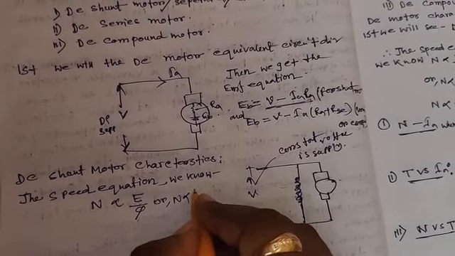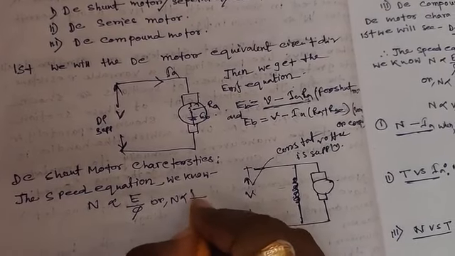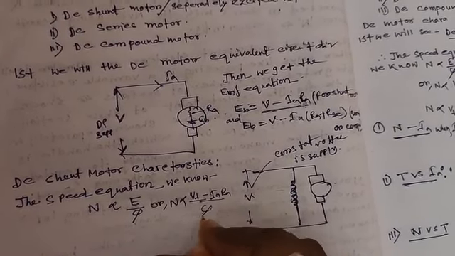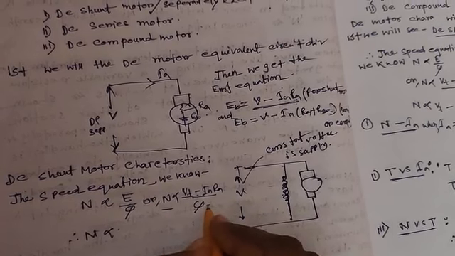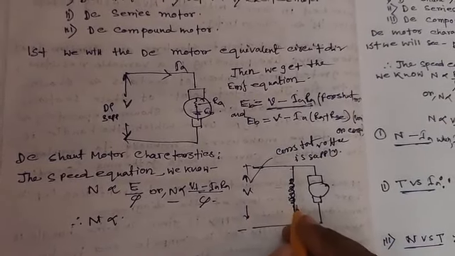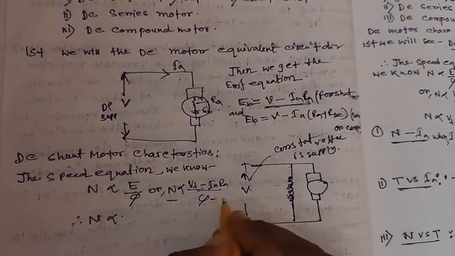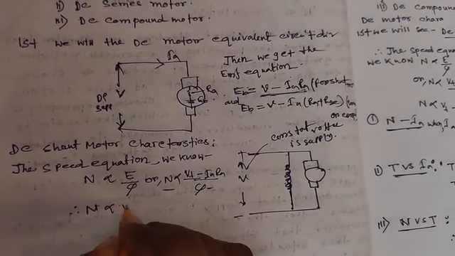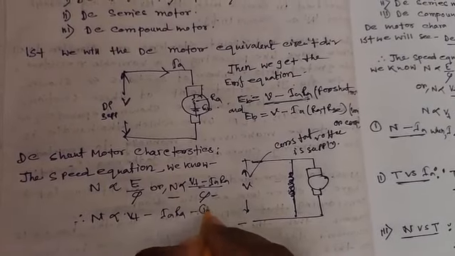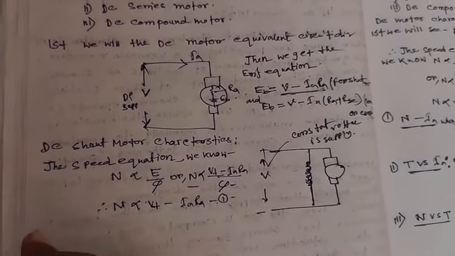We can write Eb is equal to Vt minus Ia Ra. Here phi, the flux, is constant because the supply is constant, so the field winding flux distribution is constant. So N is proportional to Vt minus Ia Ra. This is the speed equation.